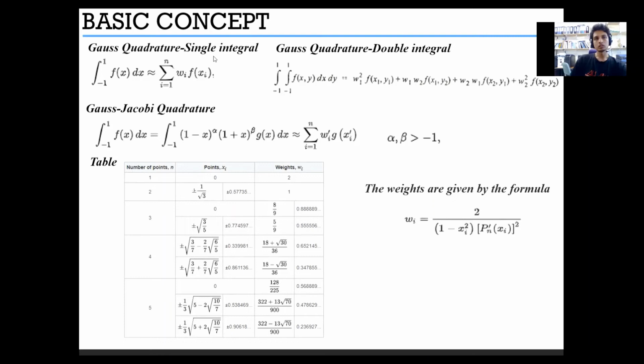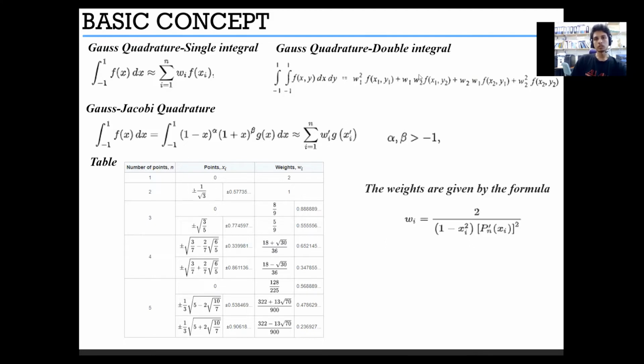So here you can see the single integral, which is the integration of f(x). The interval is from -1 to 1, and we will add the discrete functions one by one depending on the number n.